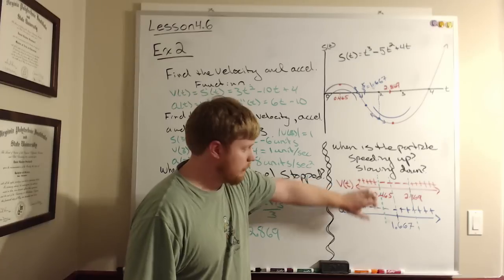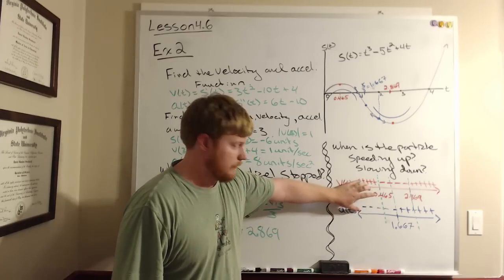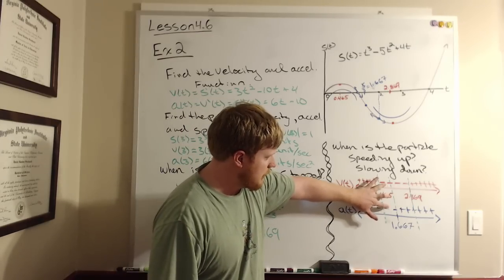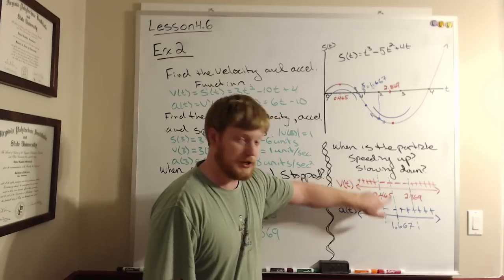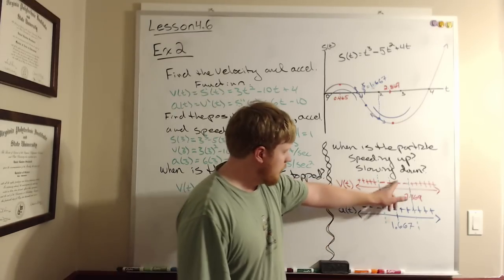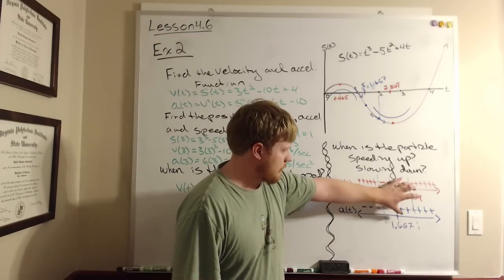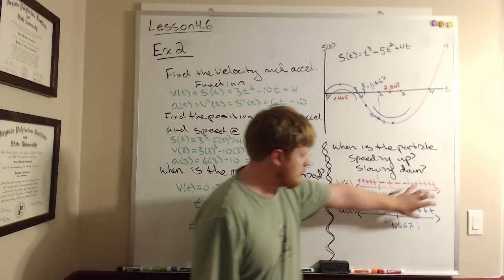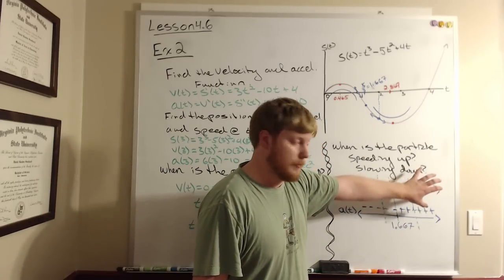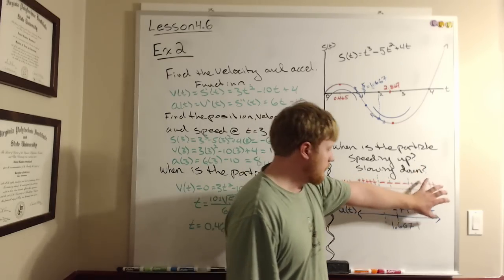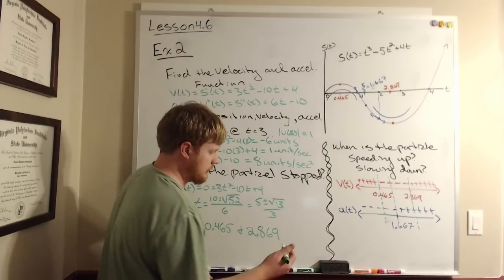Here I'm slowing down because velocity and acceleration have different signs. Here I'm speeding up because velocity and acceleration have the same sign. Here I'm slowing down because velocity and acceleration have different signs. And then at the end, my particle is speeding up because velocity and acceleration have the same sign.